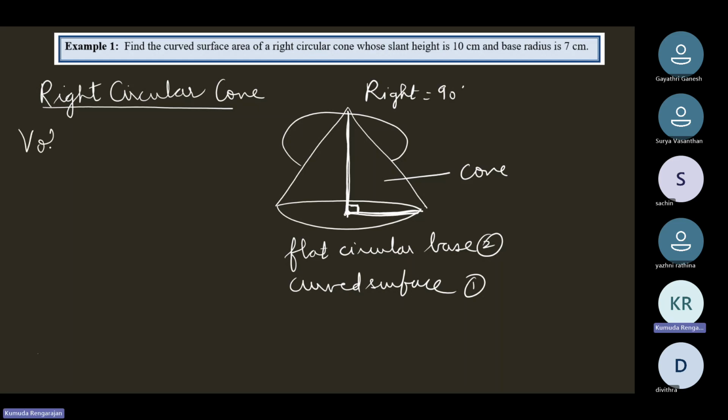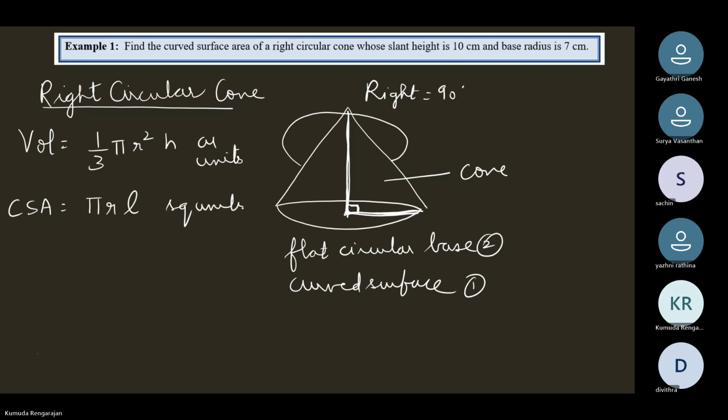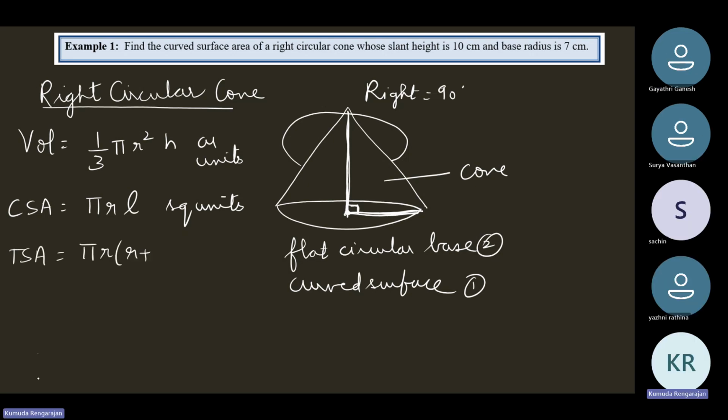Volume is given by the formula 1 by 3 pi r square into h cubic units. Curved surface area is equal to pi r l square units. And the total surface area is pi r into r plus l. Why?